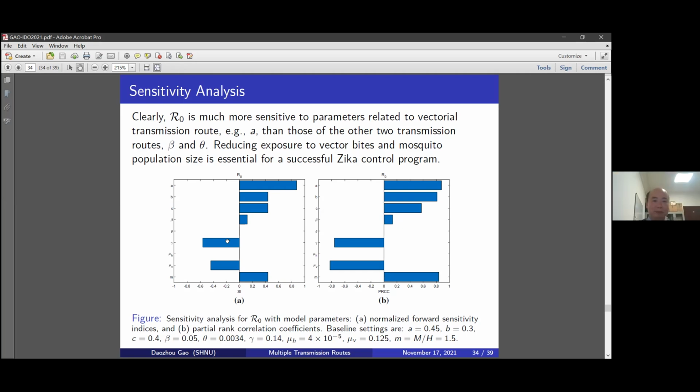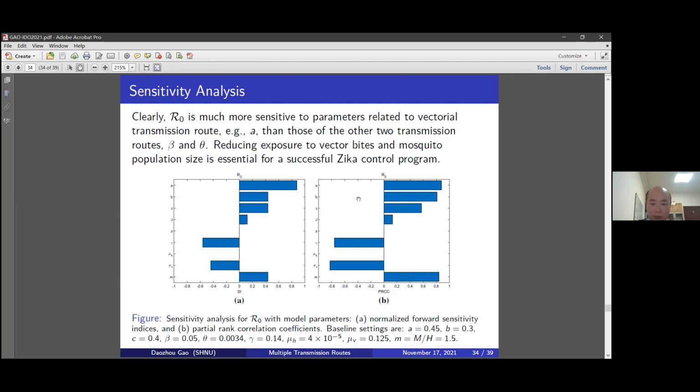So that is the sensitivity of R0 with respect to each parameter. I prefer to call this a local sensitivity analysis, because it only works for a given parameter set.